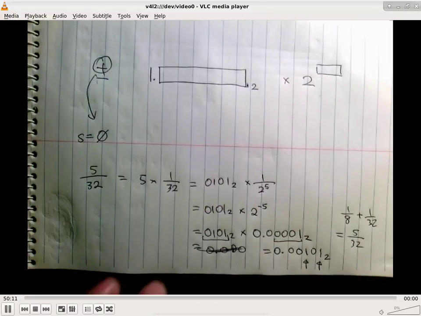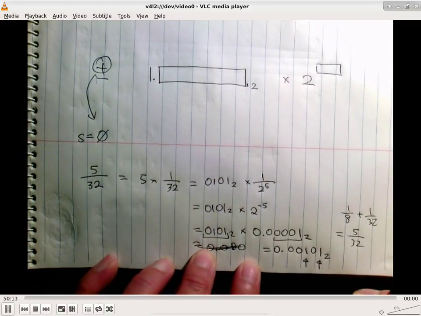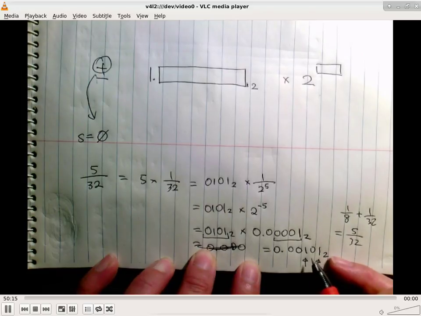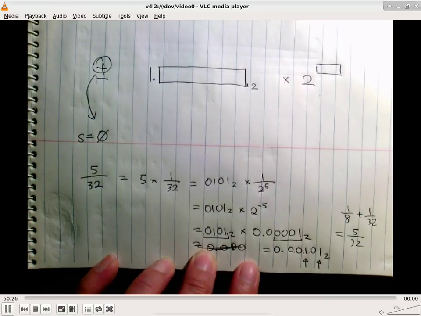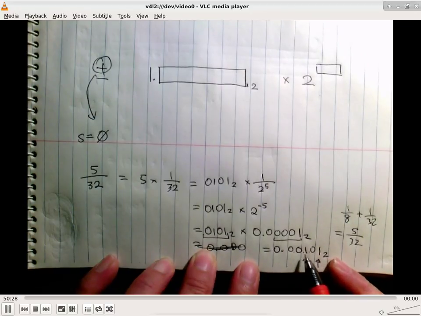I will. Okay, so we want to figure out, how many times do we have to shift to get the dot over here? That's what we're trying to figure out. So if we shift once, it's here, twice, here, 3 times. So we have to move the decimal point, or binary point, 3 times to the right-hand side until it's at the right place.